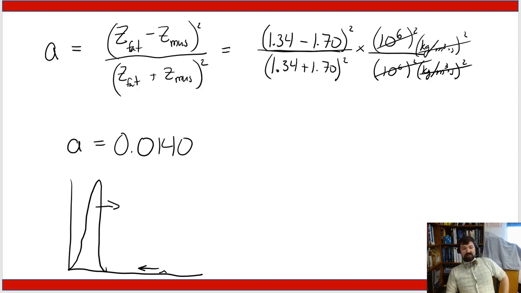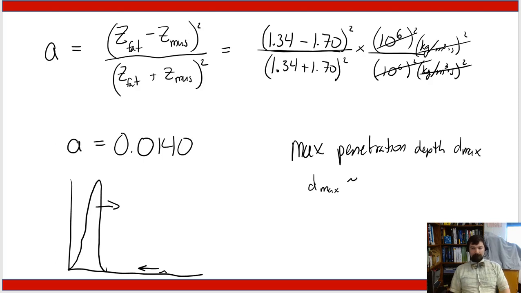And the reason why is because our depth of penetration into a person is about 500 times the wavelength. So maximum penetration depth is given by about 500 times the wavelength. If our resolution limit is 1 millimeter, then our penetration depth maximum is 500 millimeters or half a meter.